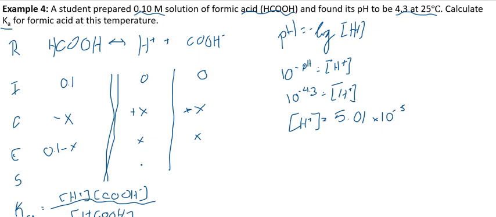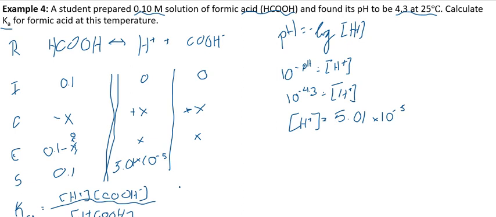Cool, I have that. I'm going to put it in the solutions column in my RICE table: 5.01 times 10 to the negative 5. This number is obviously very small. It is clearly going to have a negligible impact on this, so I'm going to assume that that's negligible.